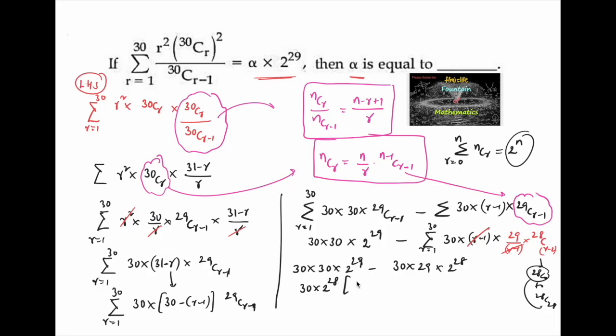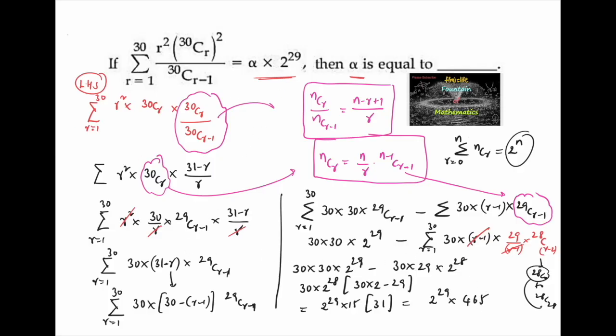So we can write 30 into 2 minus 29, which is equal to 2 power 29 into 15 into, here 30, 60 minus 29, that is 31. So that is 2 power 29 into 31 into 15, which will give 465.